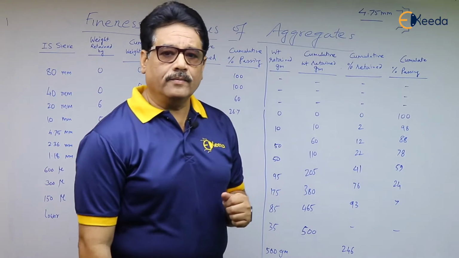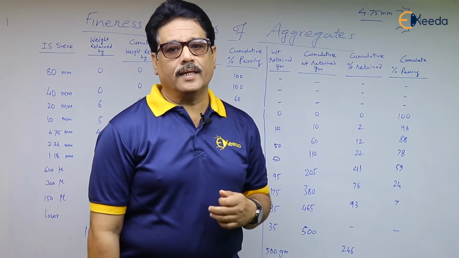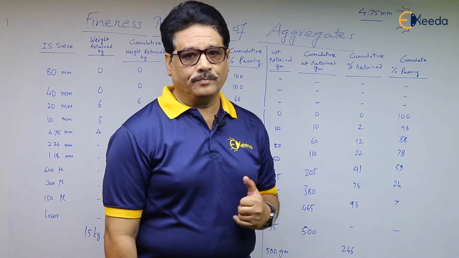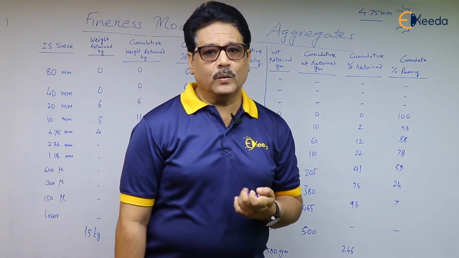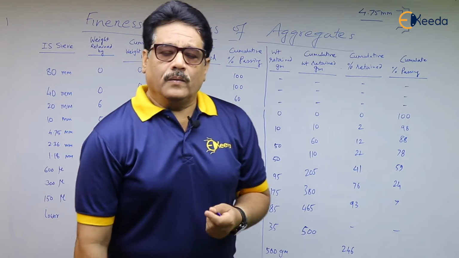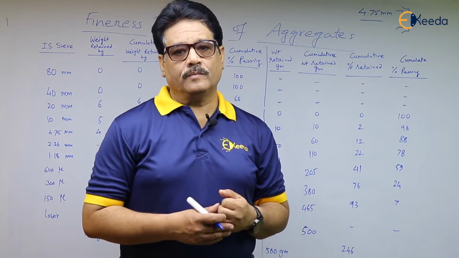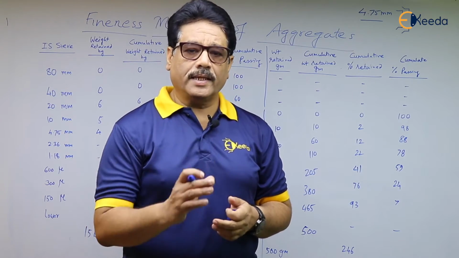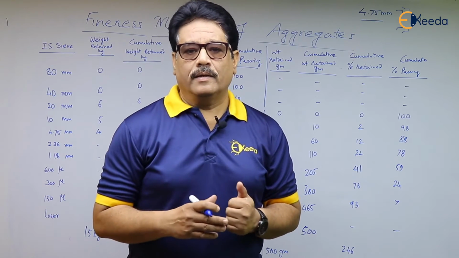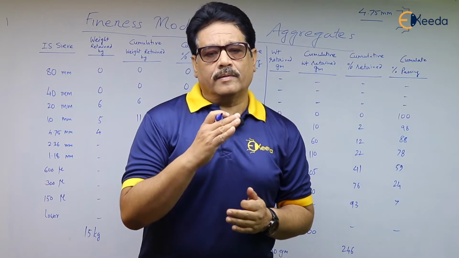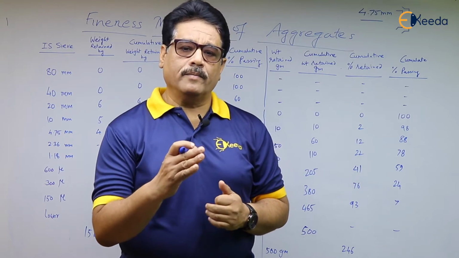Anything which is less than 4.75 mm is classified as fine aggregate, and anything above will be classified as coarse aggregate. In concrete making, the best size for most grades of concrete is 10 mm, 20 mm, 30 mm, 40 mm.